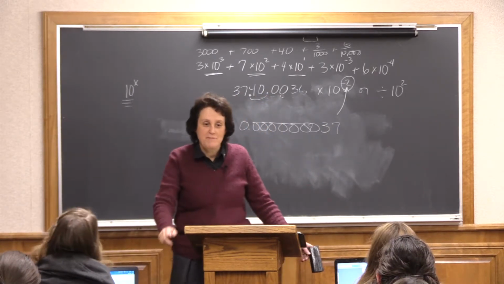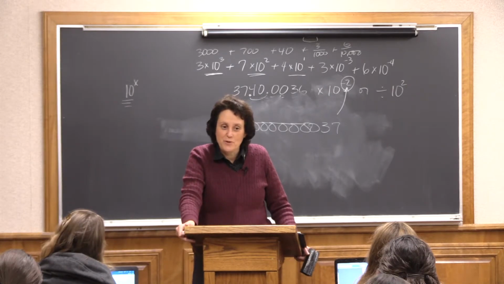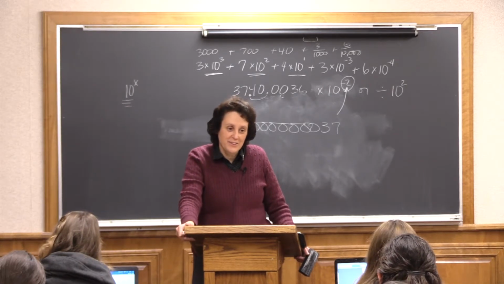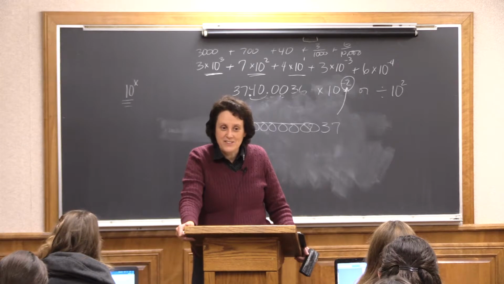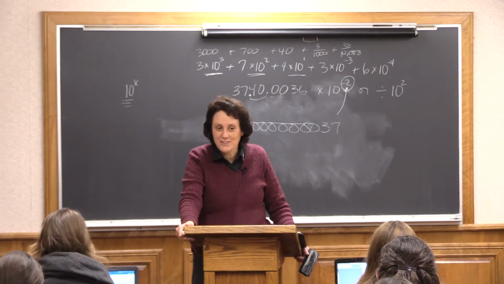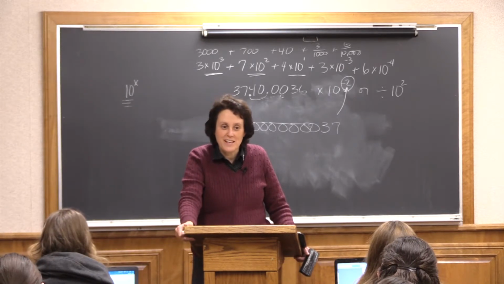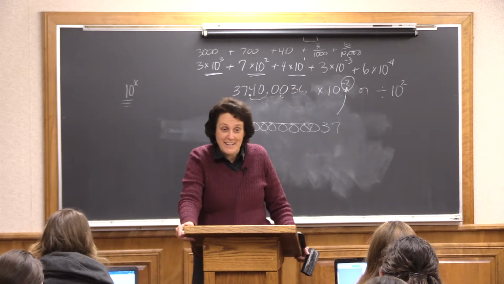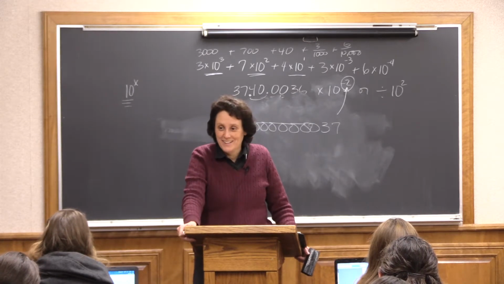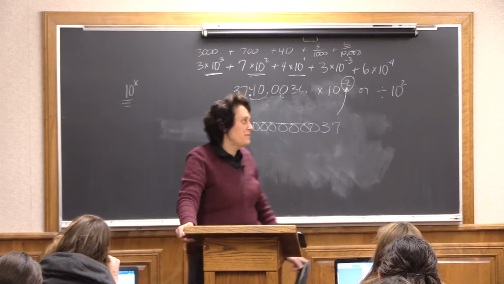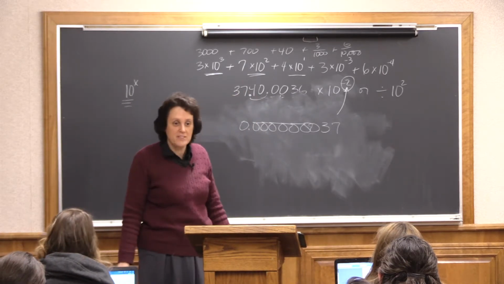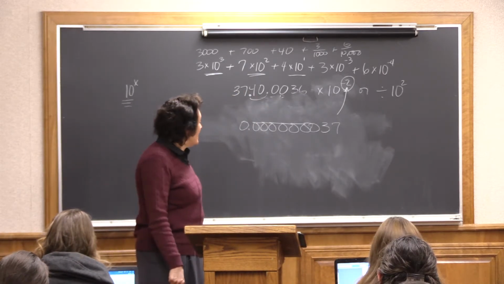If you've ever put a very tiny number or a very large number into your calculator, and then you hit the function key and it puts it into scientific notation, some students hate that because they can't get it out of scientific notation when they're using their calculator. So we need to be able to go into and out of scientific notation.